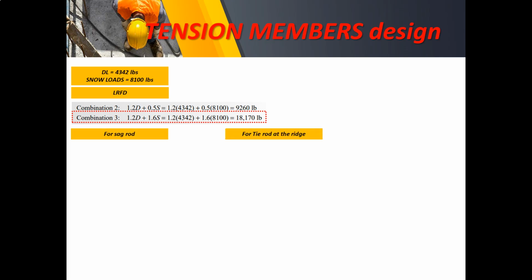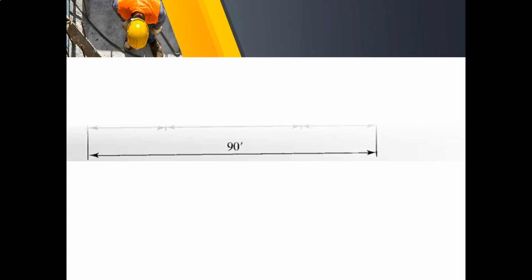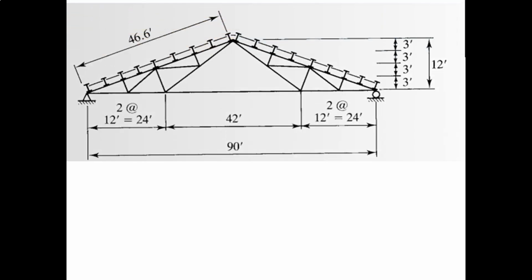Now for the sag rod and for the tie rod at the ridge, we should compute the forces. For the member forces, of course, this red line here is the axis of your sag rod.